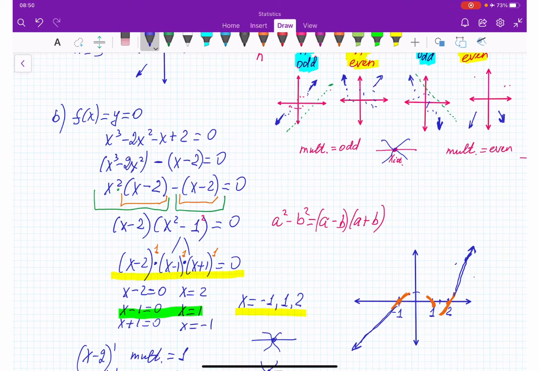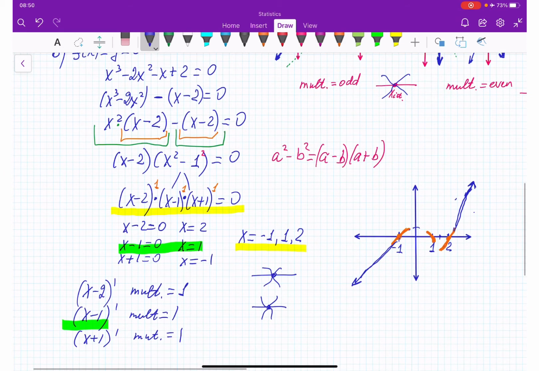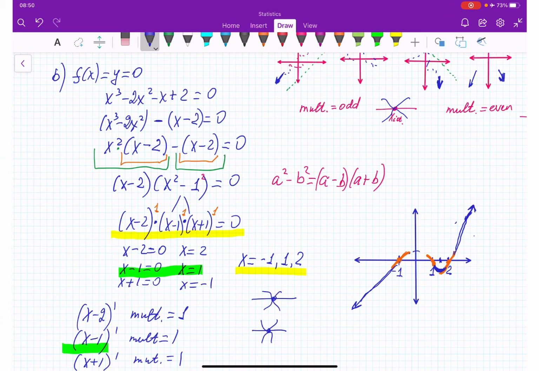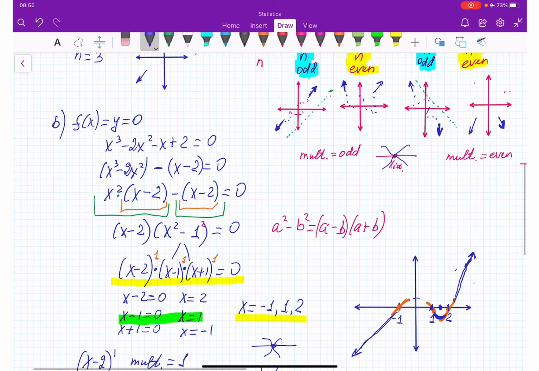Okay, so let's find it. Now this one, I already know that the graph is going to come close like this. But if I wouldn't know, I would have to take a value somewhere in the middle here. If this is 1 and this is 2, I will take 1.5, plug it into the original equation, and calculate my y.